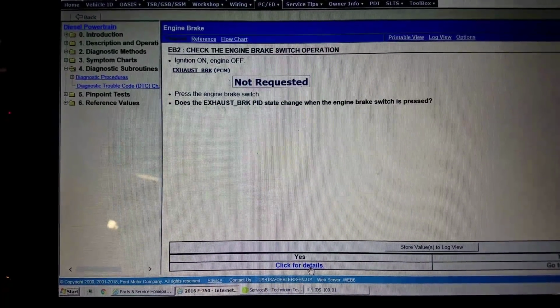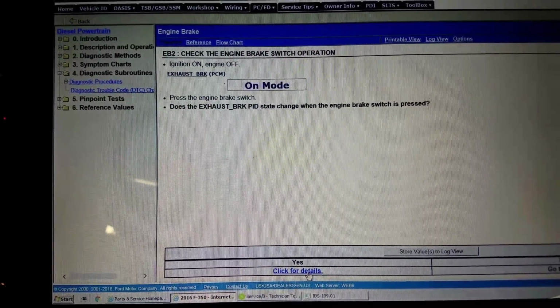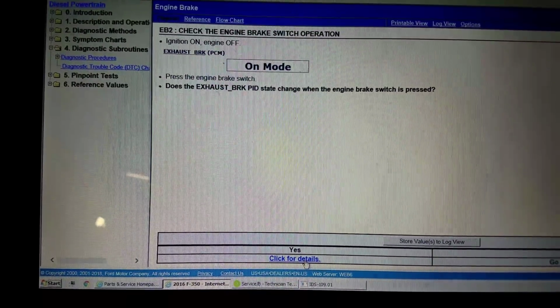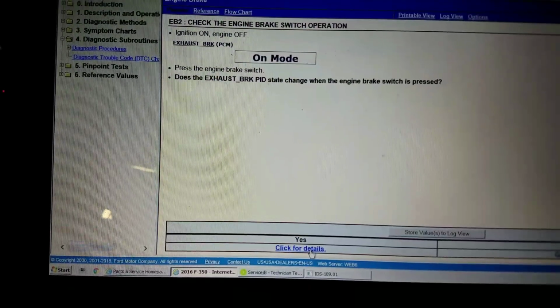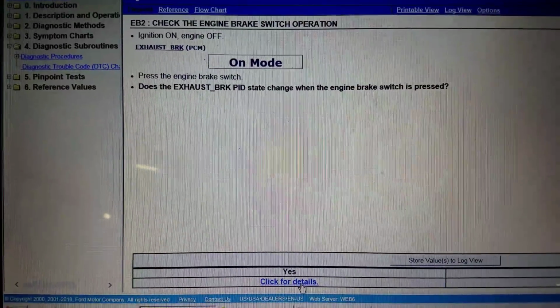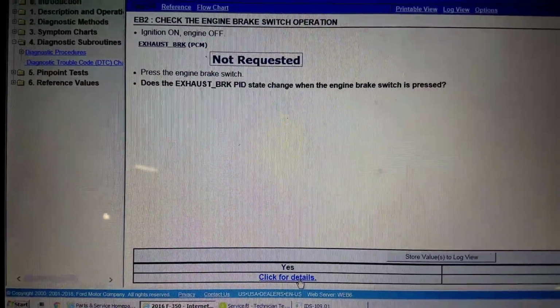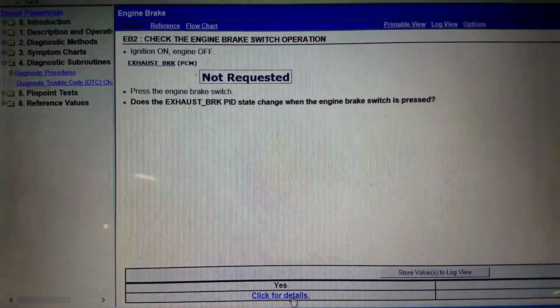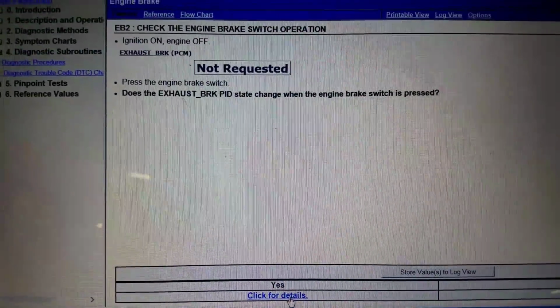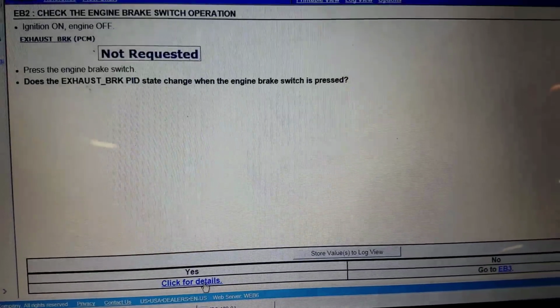Well, when I was testing this, it was not working. Let's see if I can get it to not work. Okay. We got nothing here. Alright, so that's what we wanted.